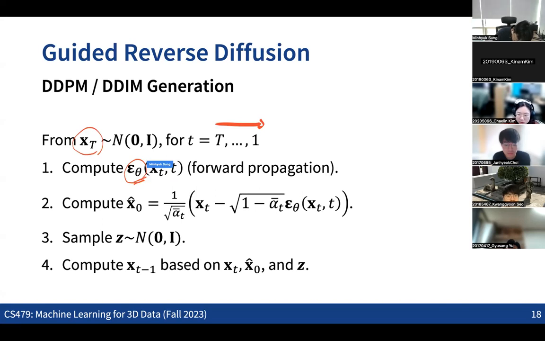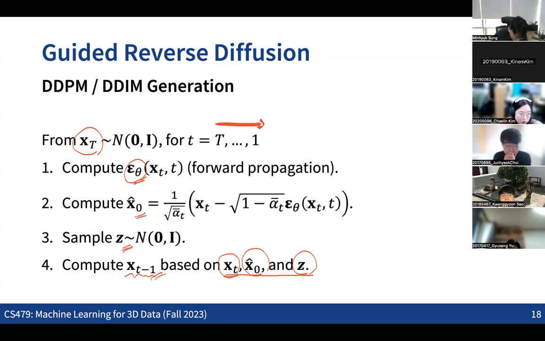Based on that, we get a prediction of the final output, the x0. Then we sample noise from the unit Gaussian. Based on the current noisy image, the prediction of the final output, and the noise sample from the unit Gaussian, we compute x_{t-1}. That's the common reverse process, for both DDPM and DDIM.